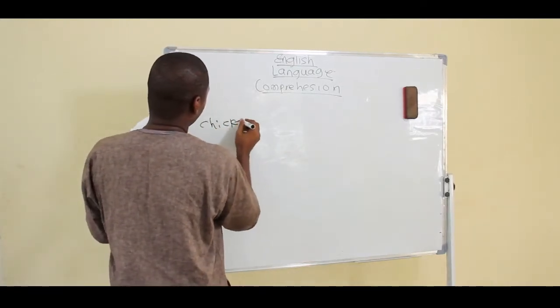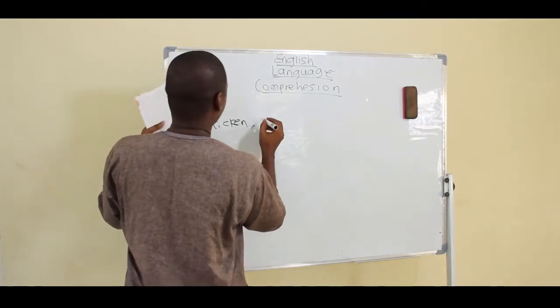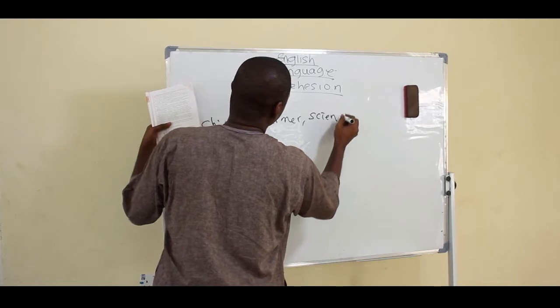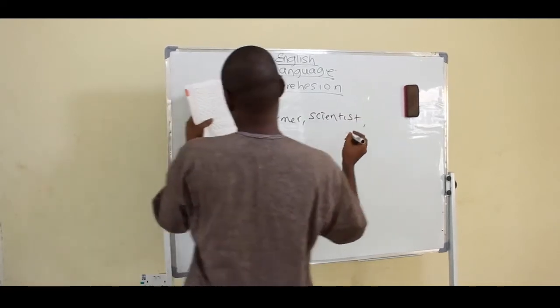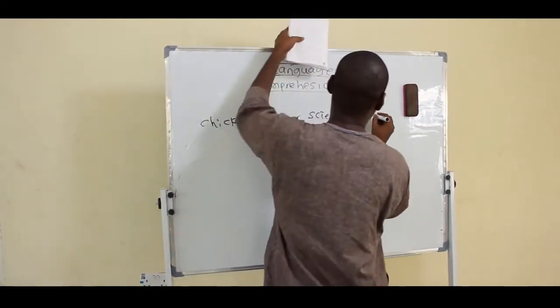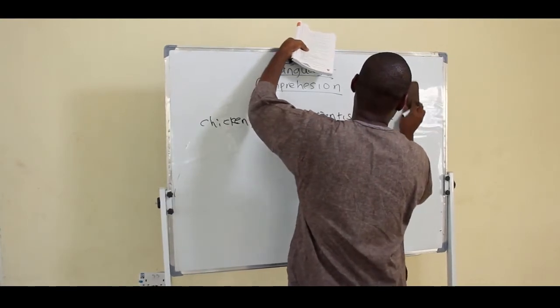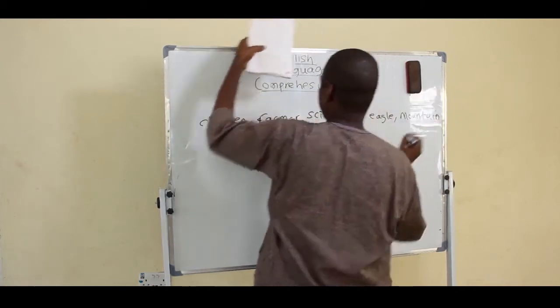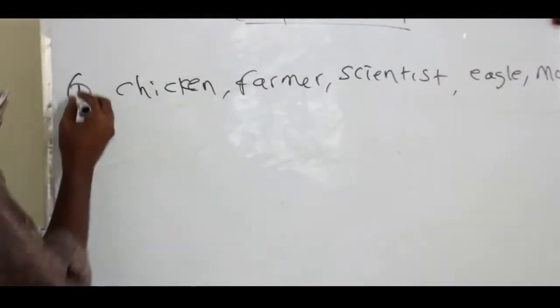Chicken, farmer, scientist, eagle, and mountain. This is option number 1.